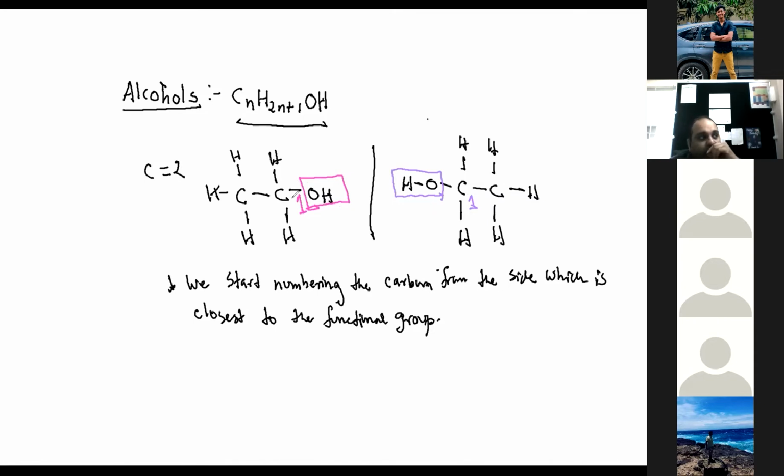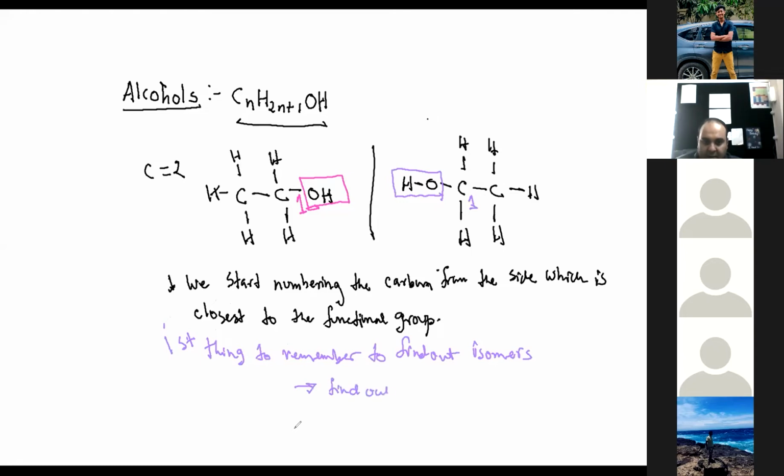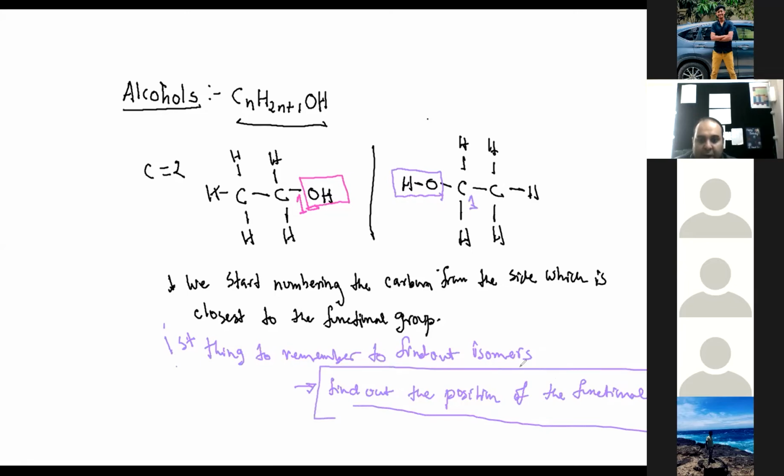We should always remember that the first thing to do to find out isomers is to find out the position of the functional group. If we don't find out the position of the functional group, then we'll make mistakes.